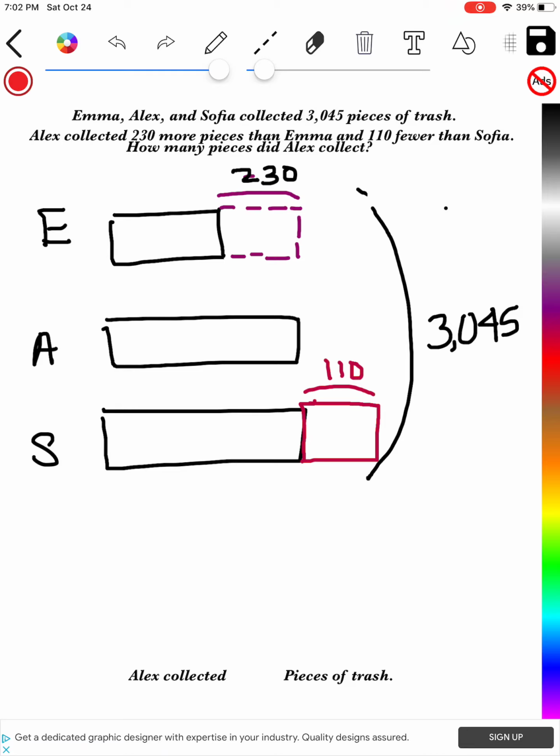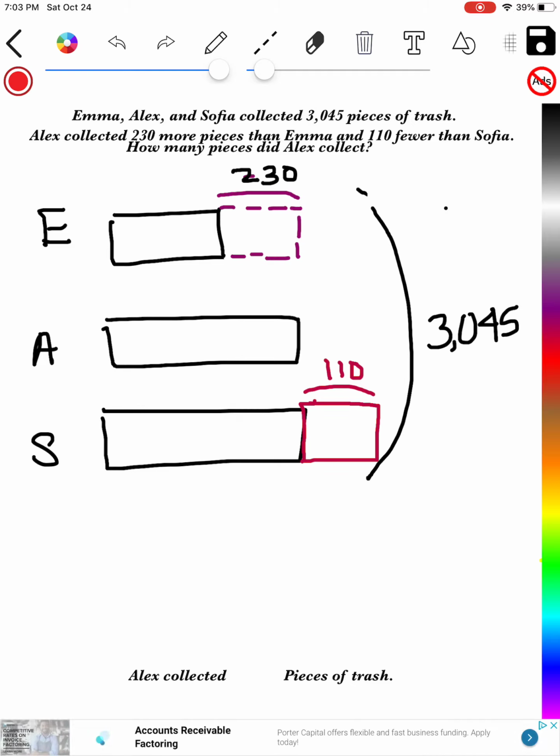So the next part of our problem, how many pieces did Alex collect? The interesting thing here is we really can't figure this out without figuring out how much every single one of these people was able to collect.